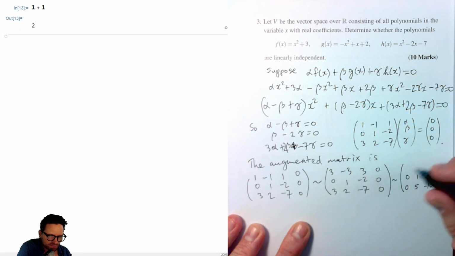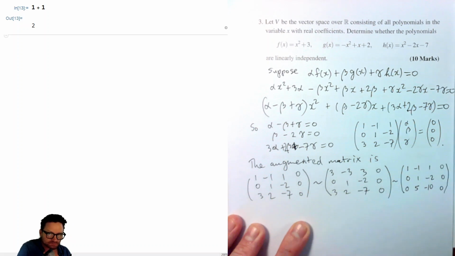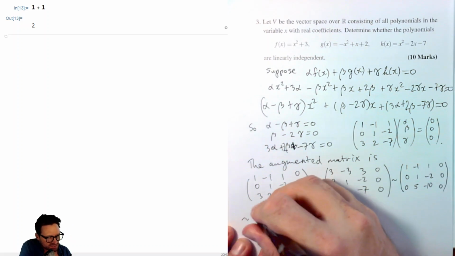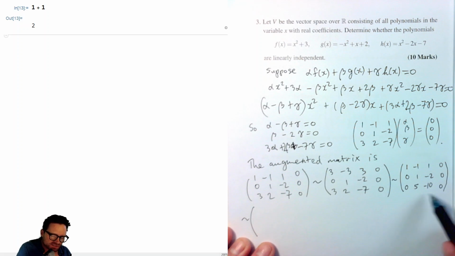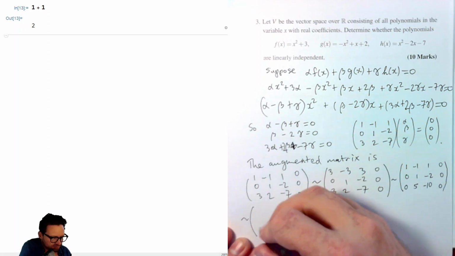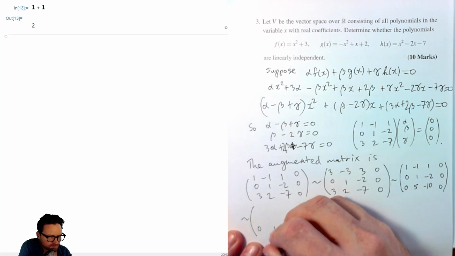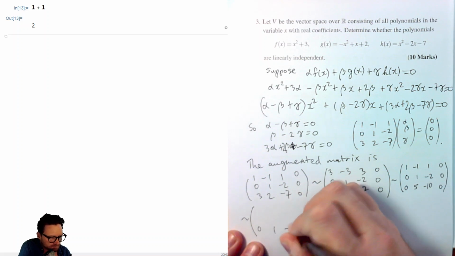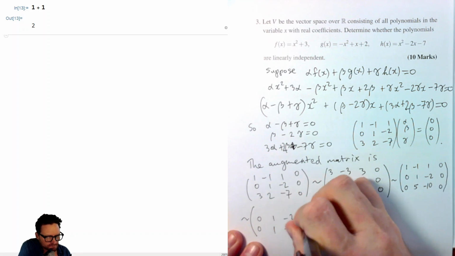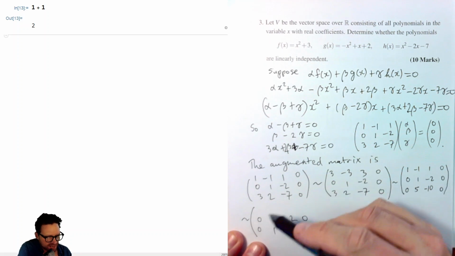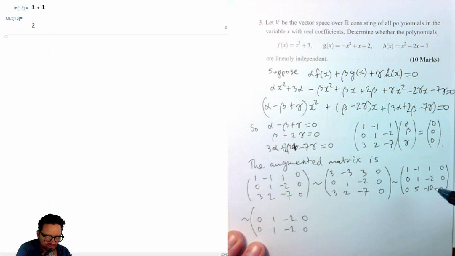Okay, now let's multiply row 1 by 1/3 of row 1 and get 1 minus 1, 1, 0. Continuing, let's multiply row 3 by 1/5 of row 3. And let's replace row 1 with row 1 plus row 2.